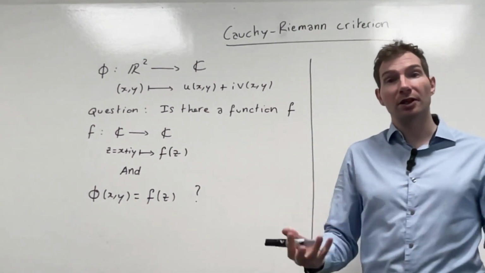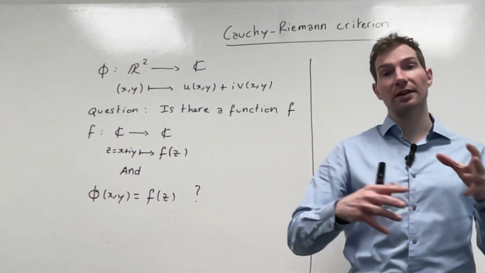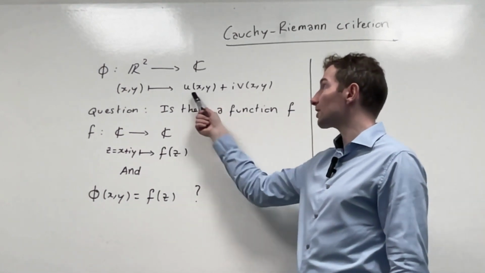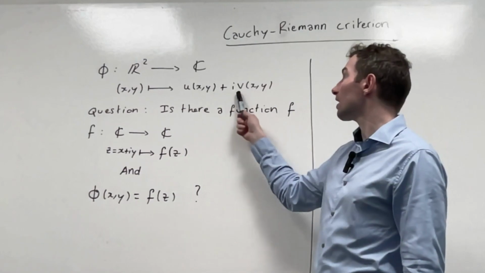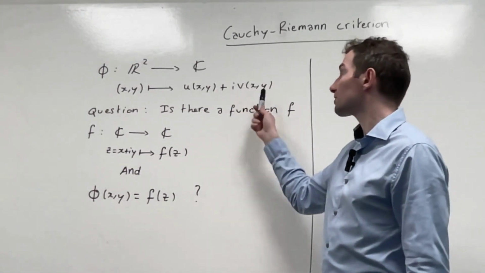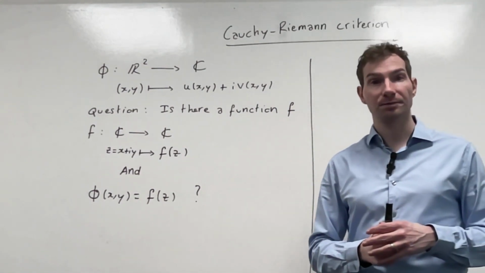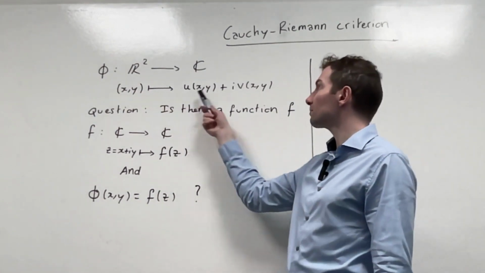And this complex number, because it's a complex number, is going to have a real part and an imaginary part. So here you're going to have a real function u of x and y, plus i, where i is the imaginary number, times v of x y, which is also a real function.